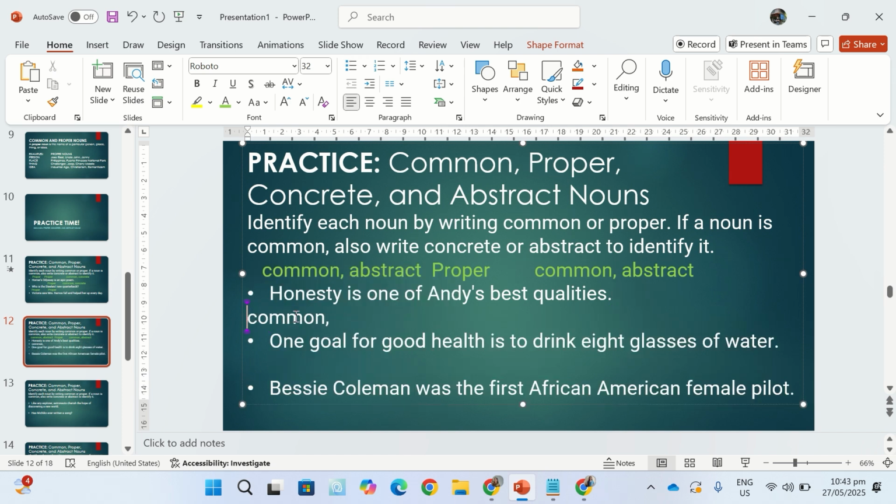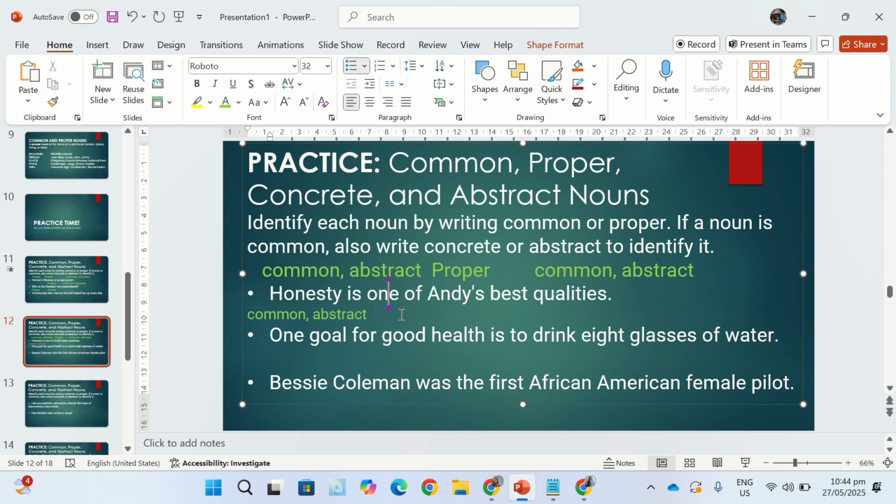I'm doing this in this way so that it's easier for you to identify or answer it, easier for you to understand. Another is health. Is it common and what? Abstract. We cannot touch health.